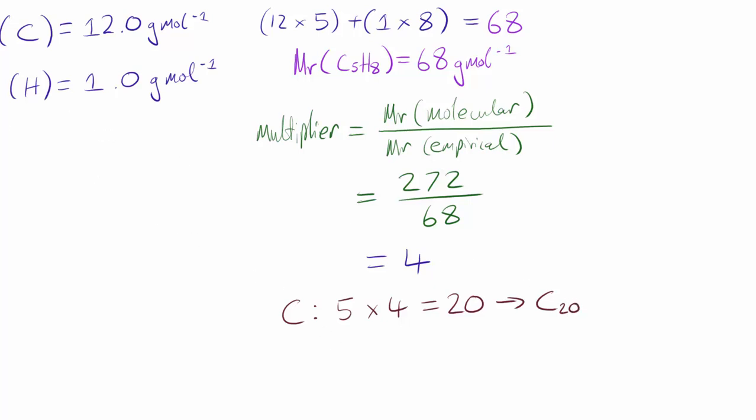And if we do the same thing for hydrogen, not carbon, effectively you're going to have 8 multiplied by 4. And what does that give you? Well, that's going to give you 32.